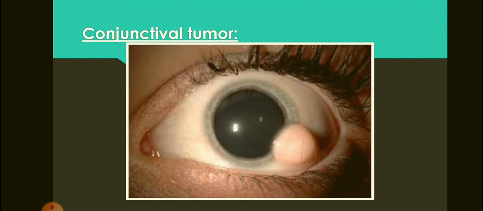Now let's move to another conjunctival disorder, that is conjunctival tumors. Conjunctival tumors are known as dermoid. Dermoids are solid white masses that appear most frequently at the limbus area.